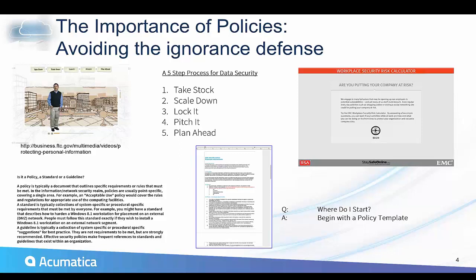And one of the things they talk about is a 5-step process for data security. You can take any one of these things and put it into a policy. I'll talk about that in a second.